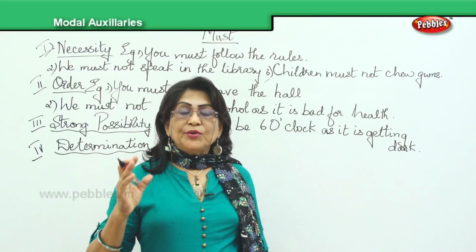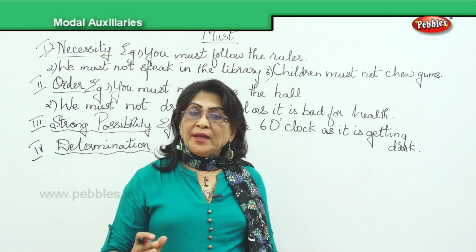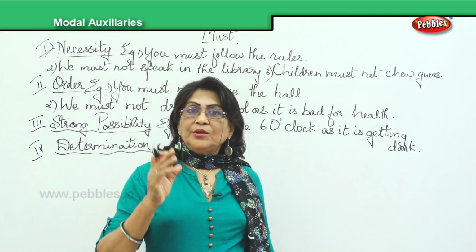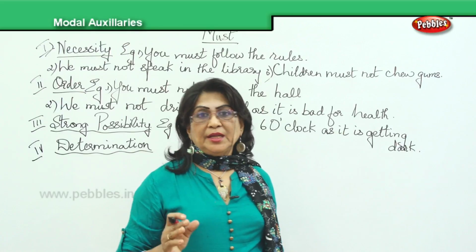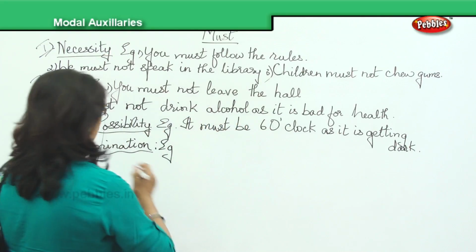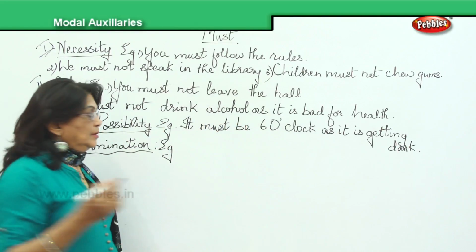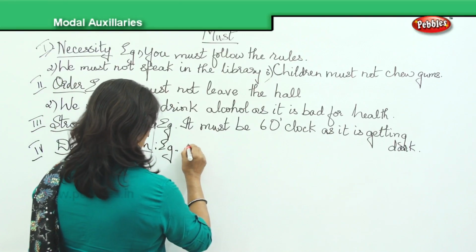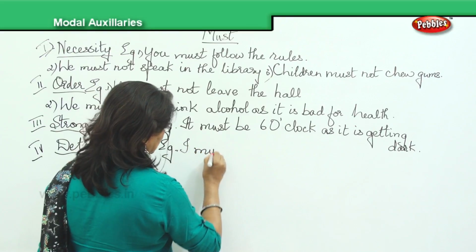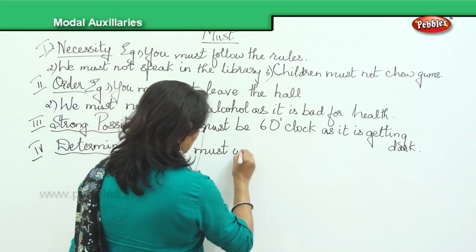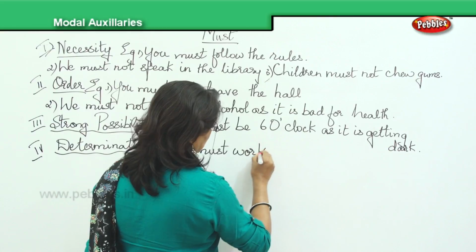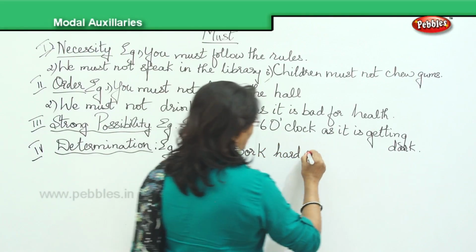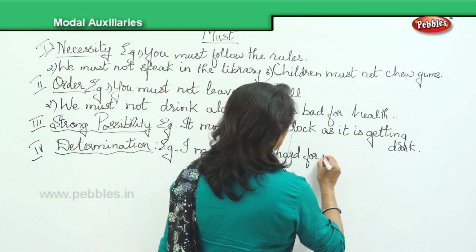So like that, if you make up your mind to do something, you are making a determination. Okay? For example, I must work hard for my exams.